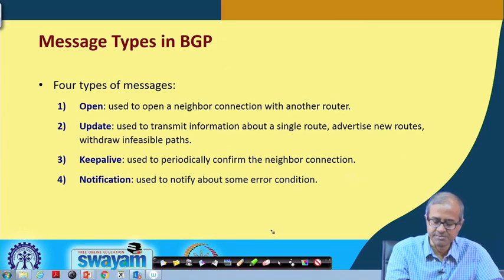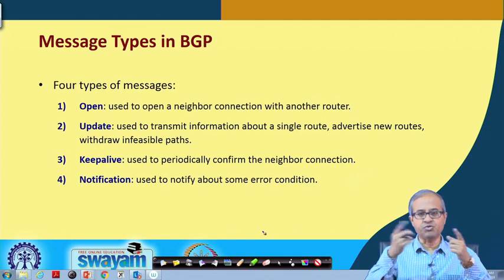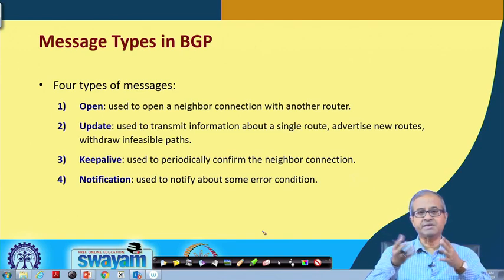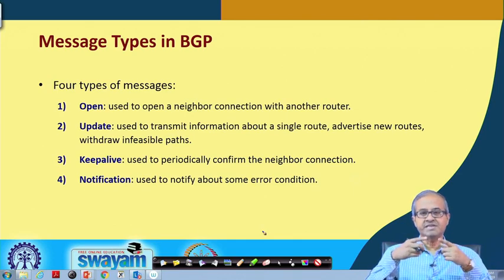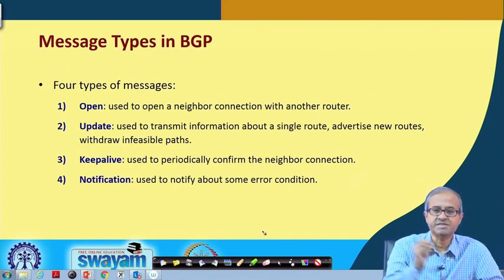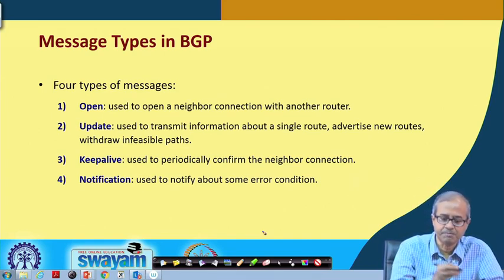BGP is somewhat similar to what we talked about in OSPF, because in OSPF also routers were trying to maintain some neighborhood connections, and through those neighborhood connections they were either sending hello packets to tell the other person that I am alive, or they were sending some kind of route update packets, some kind of link state advertisement, through which the state of the links which are changing are sent, so that all the routers can update the information in the routing tables. Here there are somewhat similar commands available in BGP also.